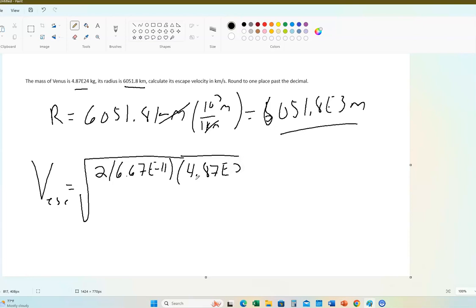So the escape velocity should be very similar. Keep in mind for the Earth, it's about 11.5 kilometers per second. All right, anyhow, let's just do this one.